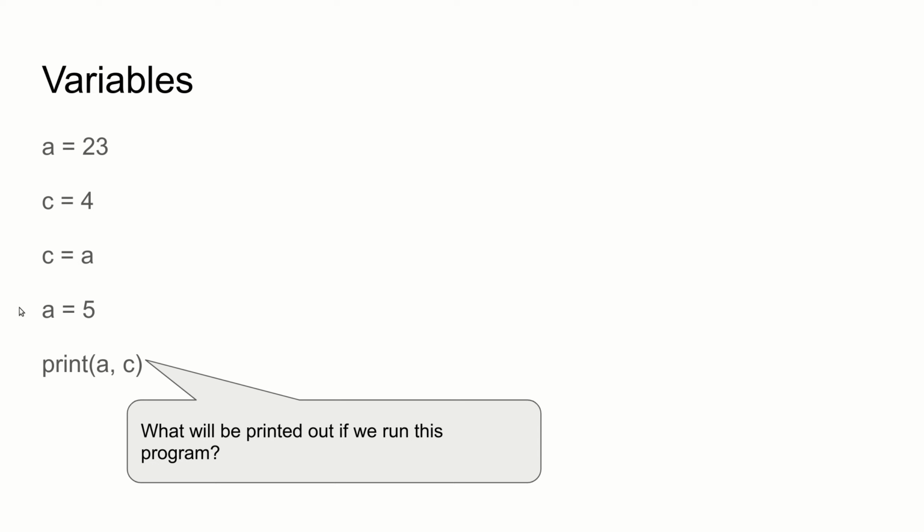So here when I change A, it doesn't change C, it just changes what A references. C can still reference the number 23 where it was assigned before.